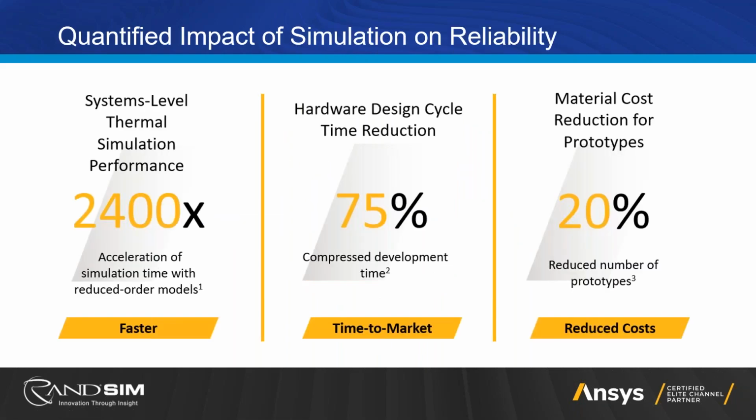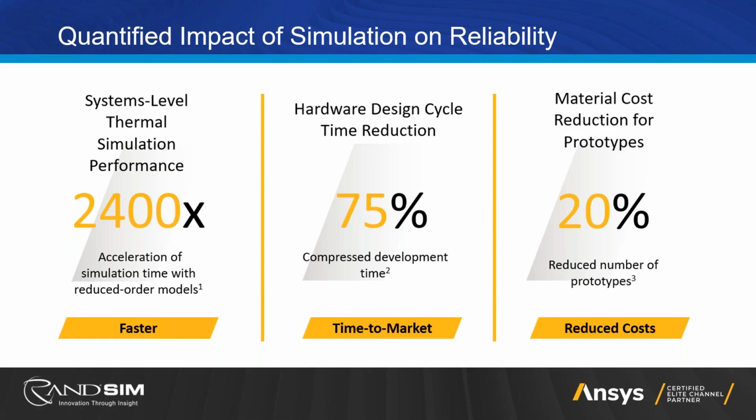This is a nice thing to look at here: how do we quantify the impact of simulation on electronics reliability? Well, the first thing is that there's accelerated life testing, whether that's vibration, thermal cycling, or thermal shock, but those still take sometimes several weeks to upwards of a month to actually run the physical test.